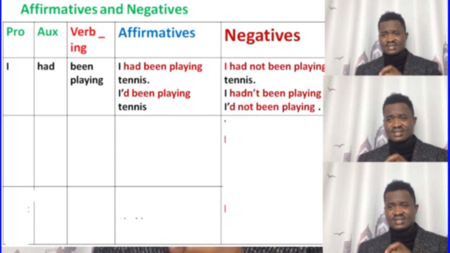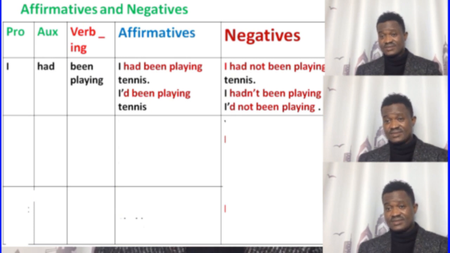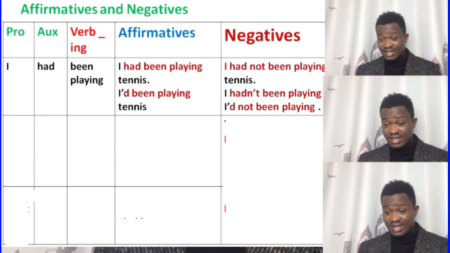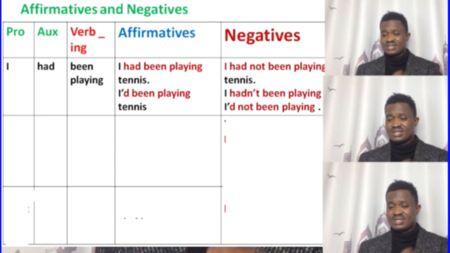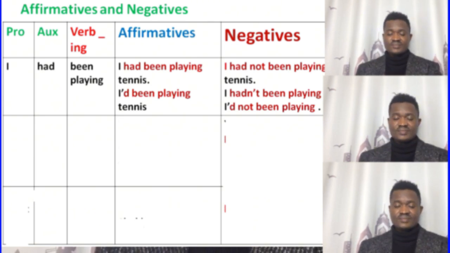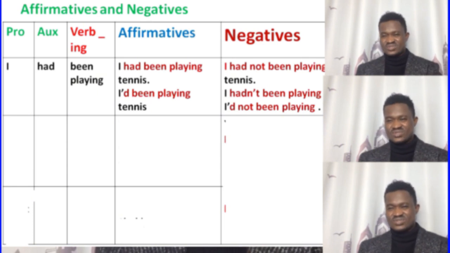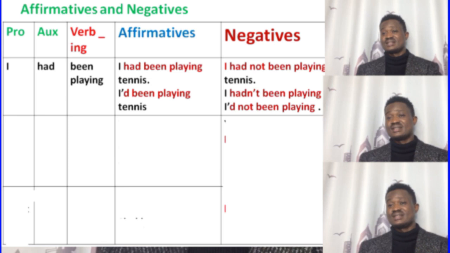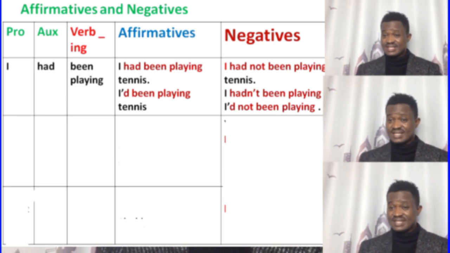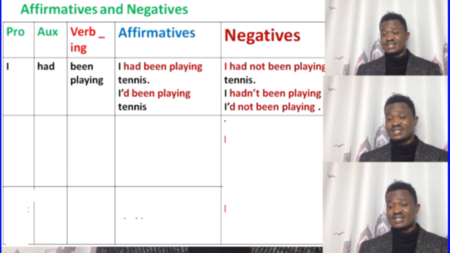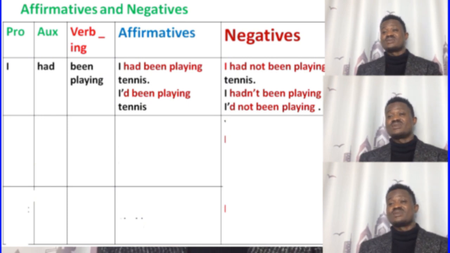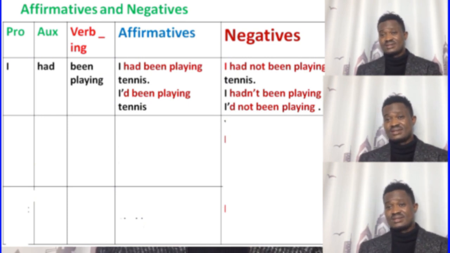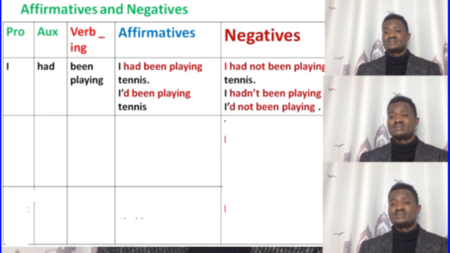You've got to stress the word not if you want to say this. Had not been playing tennis, because in English all contractions are stressed. No matter how fast you speak, they've got to be stressed. These are negative forms. We need to stress them. So no matter how I say this, I must stress the word not. And not been playing tennis.